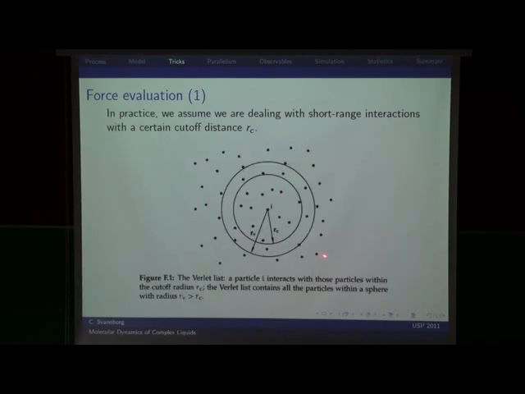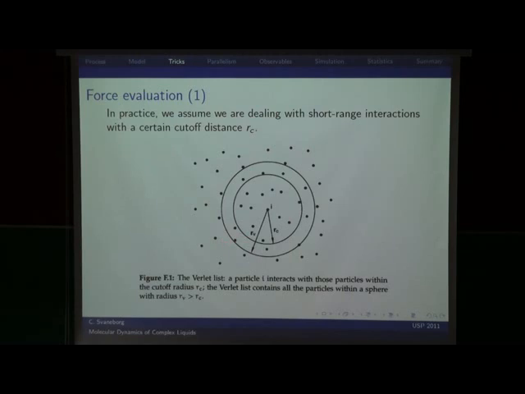And if you look at the construction, if a bead just on the edge of the Verlet distance moves inside the sphere of interactions, then this interaction has to be included. If this particle diffuses around and ends up inside the cutoff distance from particle i, then particle i and this bead would be interacting.